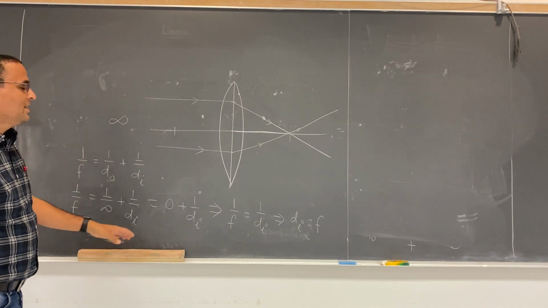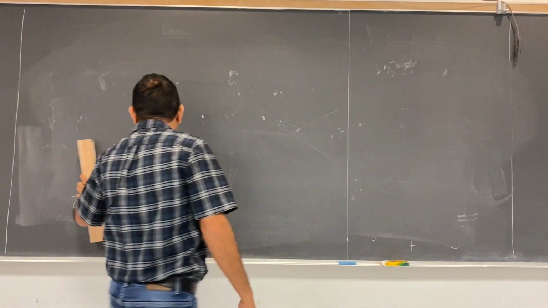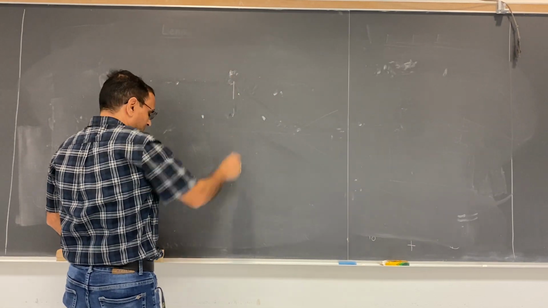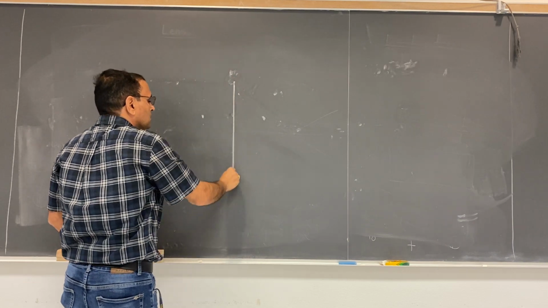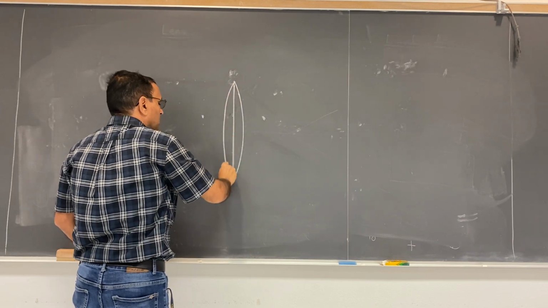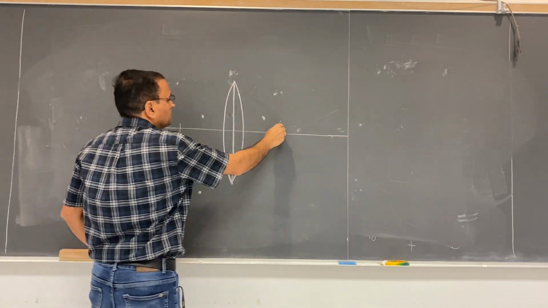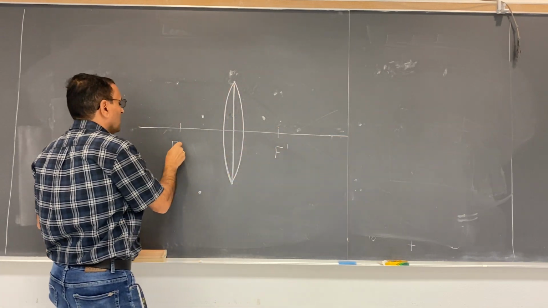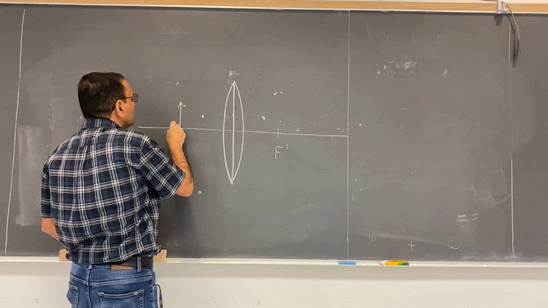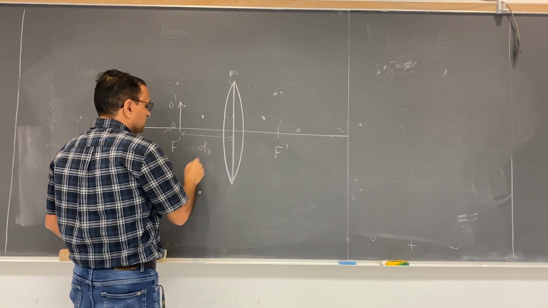Now the second case is if you keep the object at the focal point, what happens then? Look at this. If you keep the object here, at the focal point, so this is O prime, this is the object, so this length is the focal length, but this is also the object distance.